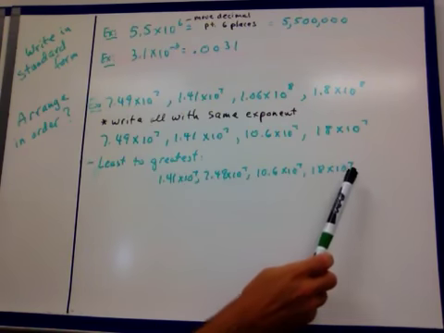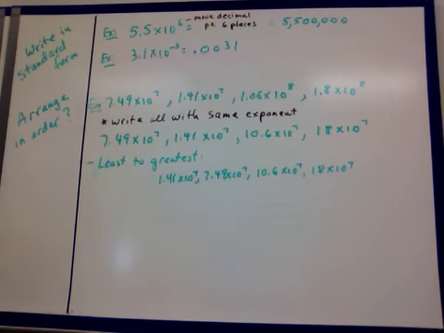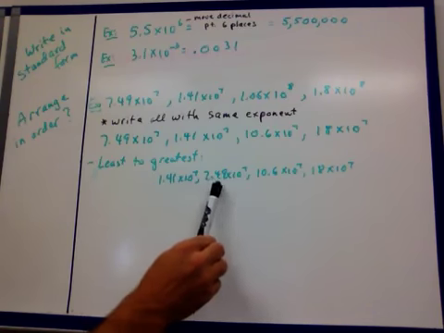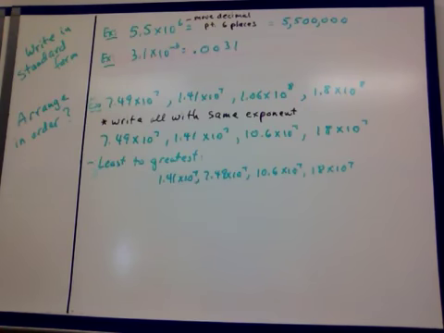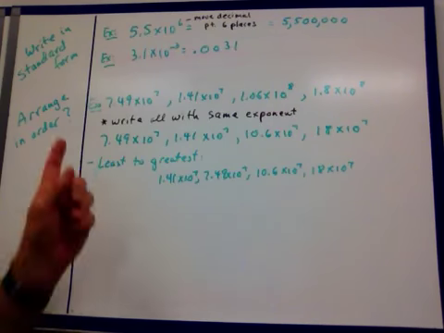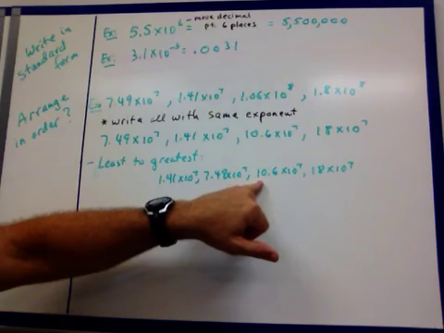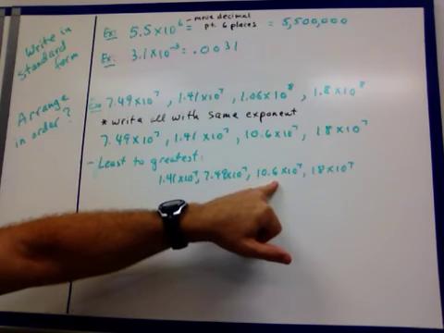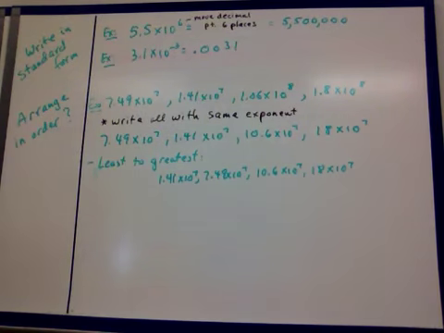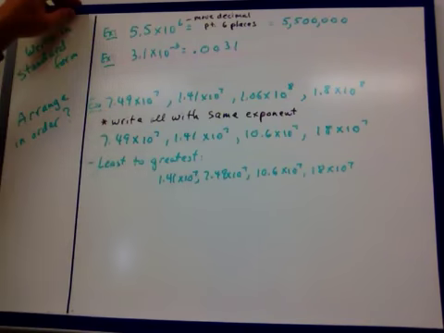When they're all in the same exponent, then it's just a matter of smallest to biggest with the numbers out front. If you want, you can turn your final answer back to 1.06 times 10 to the 8th, 1.8 times 10 to the 8th, because you now have them in order. So get them in the same exponent.